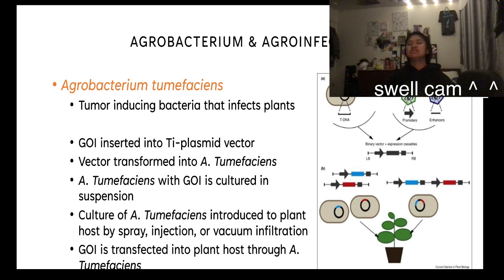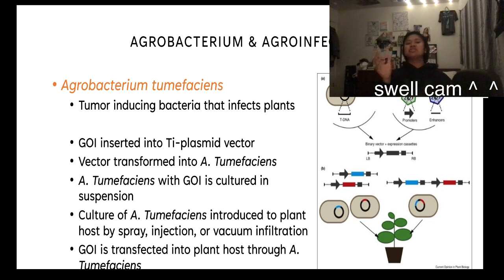So, Agrobacterium tumefaciens, as I mentioned before, is a gram-negative bacteria that is soil-borne, so it is more familiar with the natural habitat of plants. It is a tumor-inducing bacteria that infects plants, meaning that it does cause tumors.